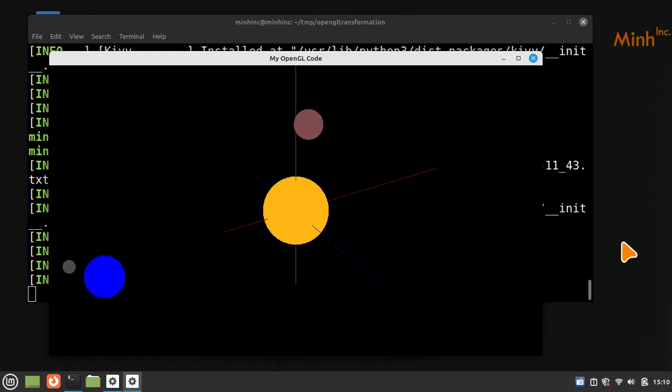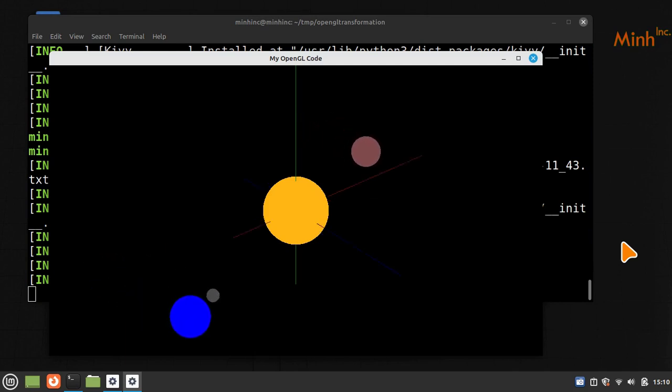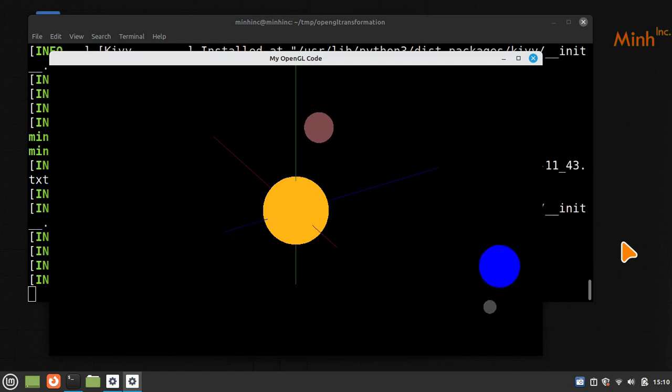Okay, so this is the fundamental. We can rotate even more. We can see how these are moving.